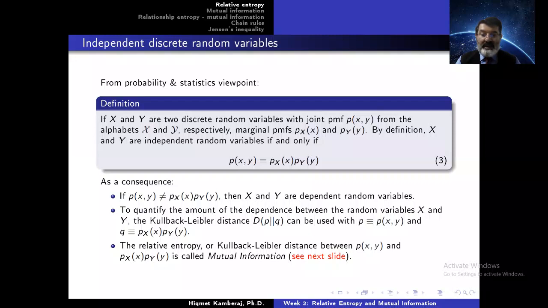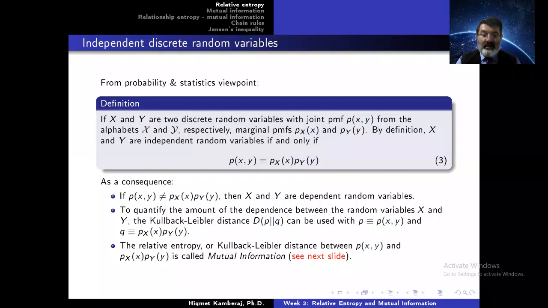To quantify the amount of dependence between the random variables X and Y, the Kullback-Leibler distance D of p from q can be used, with p taken as p of x and y and q taken as the product of marginals, p of x times p of y.